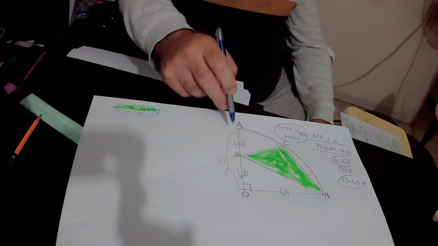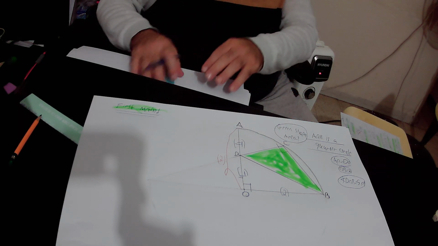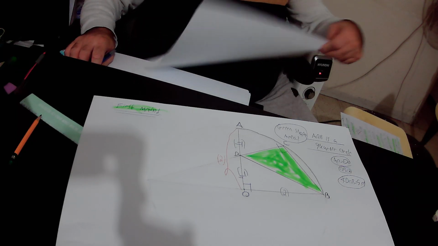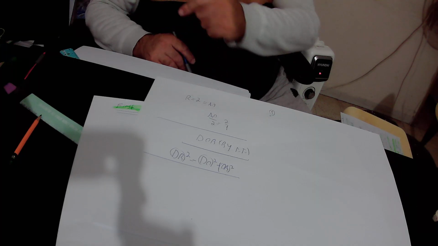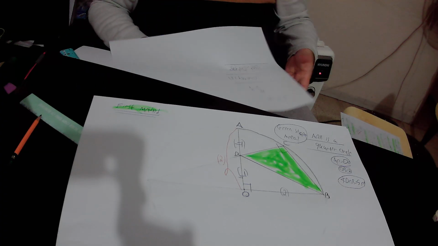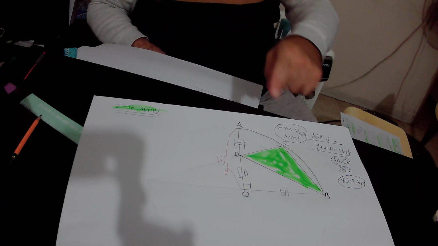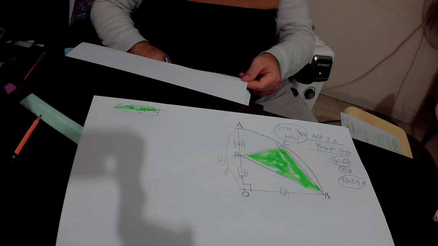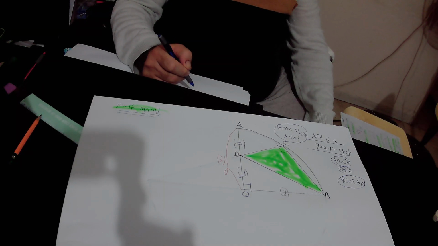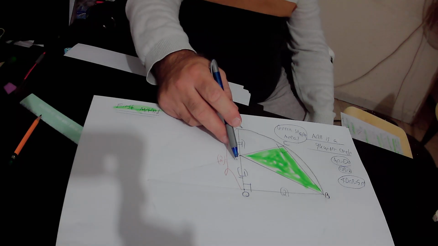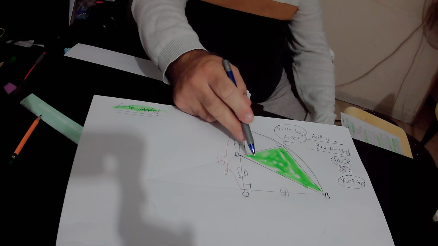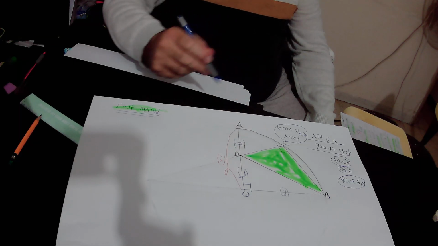In this right triangle DOB, according to the Pythagoras theorem, DB square, that is the square of the hypotenuse, equals DO square plus OB square. DB is the missing side, so we leave it as it is. So DB square equals DO square. DO is 1, so DO square is 1 square, that is 1, plus OB square. OB is 2, therefore OB square is 2 square, that is 4.